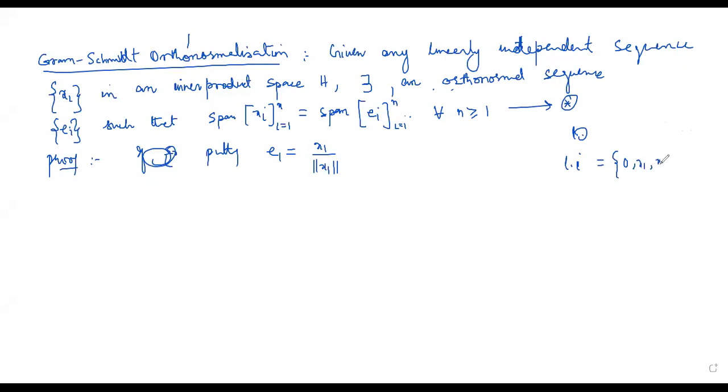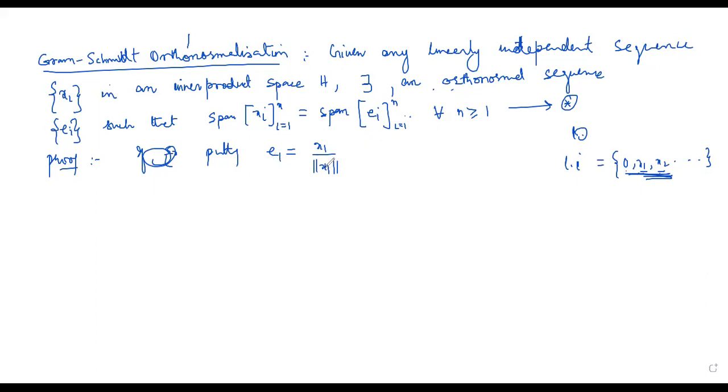This set cannot be linearly independent, right? Because then you can write zero as a linear combination of others. Why cannot this be? Because zero हम लिख सकते हैं as a linear combination of other vectors in this set. Right, because you can combine x1 and x2 and get the origin.